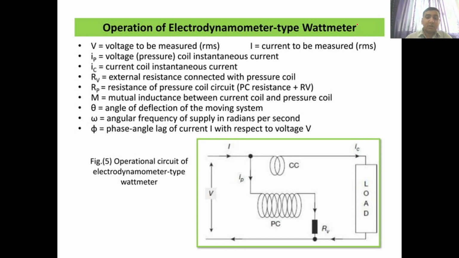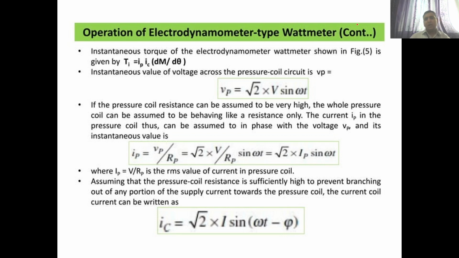where M is the mutual inductance between the current coil and potential coil, theta is the deflection that will cause the moving system to move, omega is the angular frequency in the case of the AC system supplied from the supply end, and phi is the phase angle lag between the current from our source side and the voltage applied across it. Now, as we know the famous instantaneous torque equation, that is IC times dM by d theta.